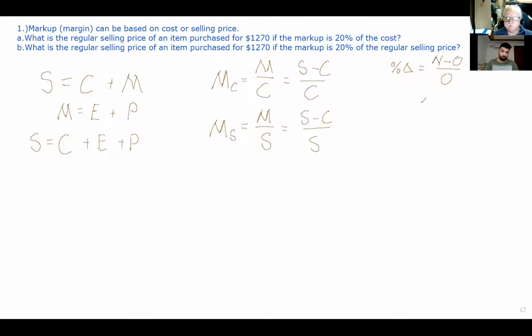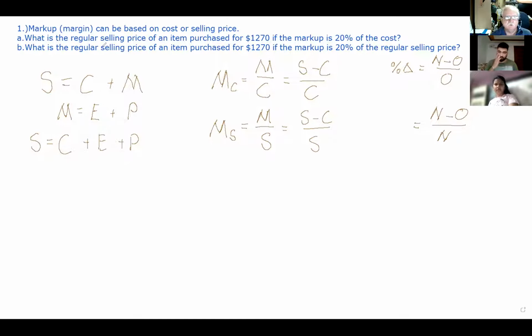And if we tried to put this in terms of percentage change, it's now a little weird because it's new minus old over new, which is not what we know as percentage change, but that's what they've done in this calculation.